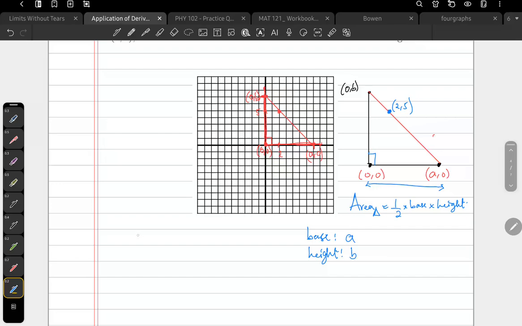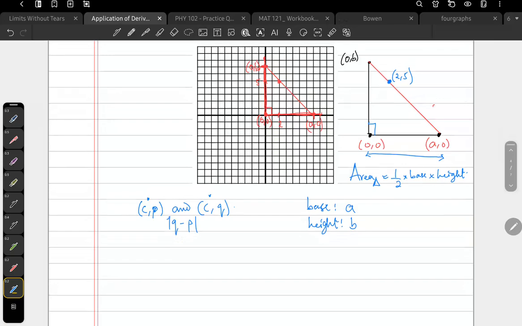Anytime you have the distance between a constant, let's say p, and a constant, q, the distance between these two points is usually the absolute value of q minus p. Absolute value because distance must be positive.